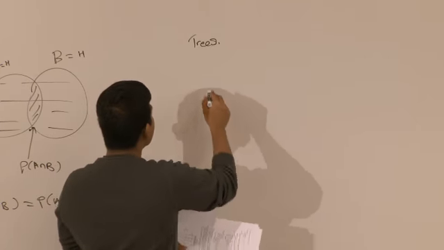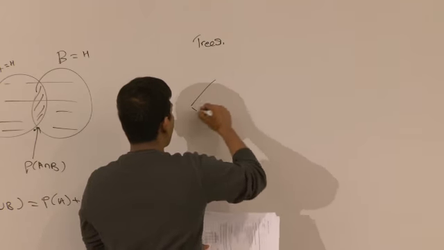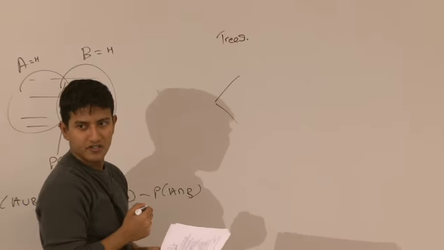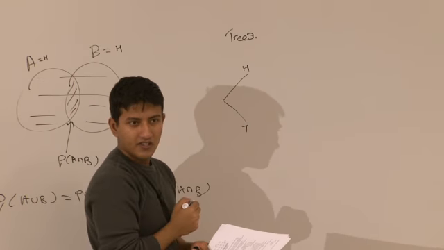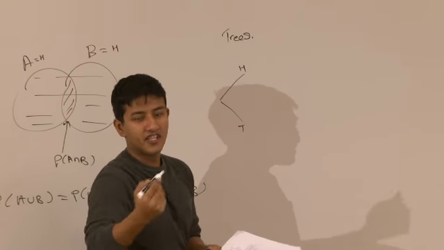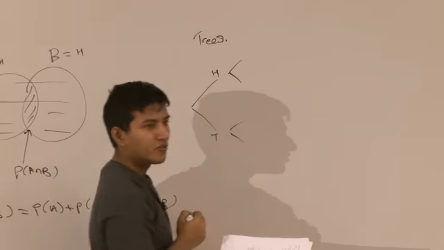Let's say we represent the outcome of the first trial by a branch. We can represent the outcome of the second trial by another branch from these two previous branches.